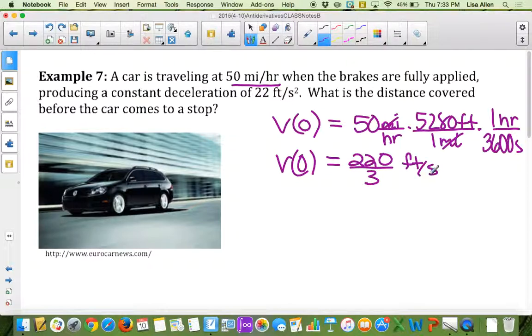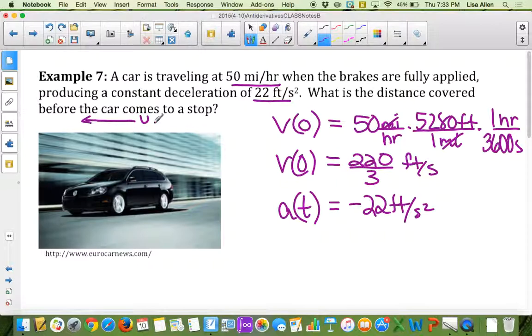As I'm reading along, I have this 22 feet per second squared, so that gives me a of t as a constant, which is negative 22 feet per second squared. Now, the thing about slowing down: let's say I've got velocity going this way, and it doesn't matter whether it's left or right, you set the orientation.